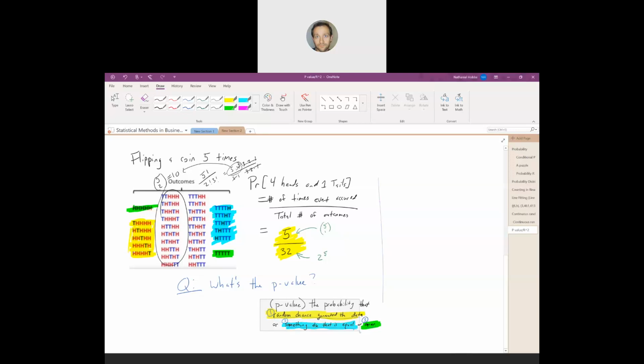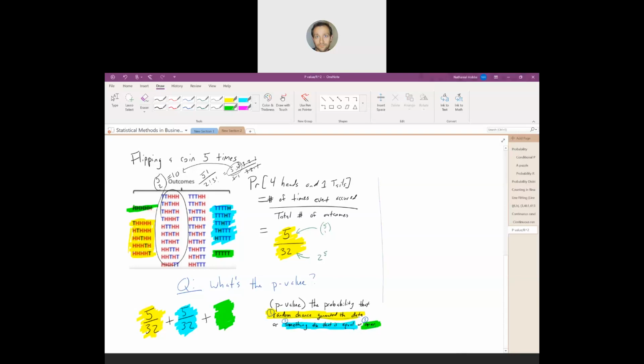And then we have 5 over 32 plus 5 over 32. And so that's the probability of random chance. This is the probability of something else that's equal. And so what's the probability of the rarer thing? What number should I put here?